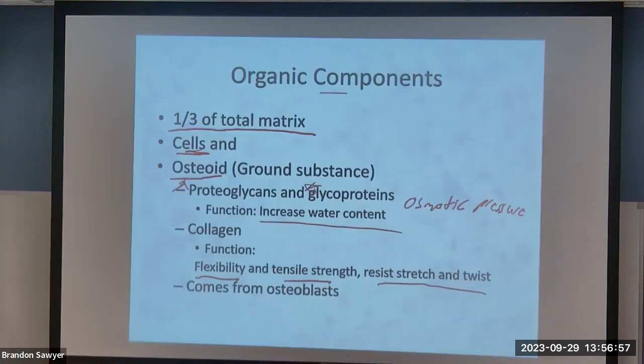All of this osteoid comes from osteoblasts, the cells that send out the osteoid, and then it hardens and turns into these different components. So that's a third of bone: the organic components.